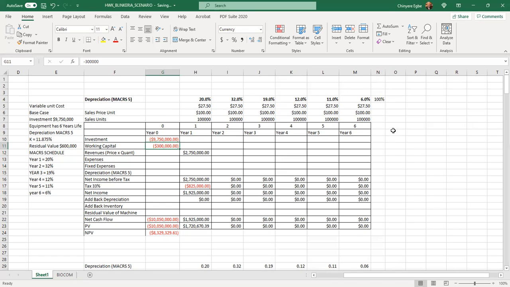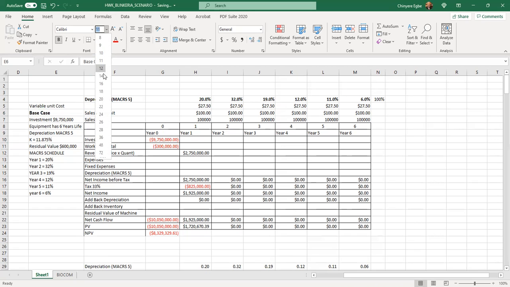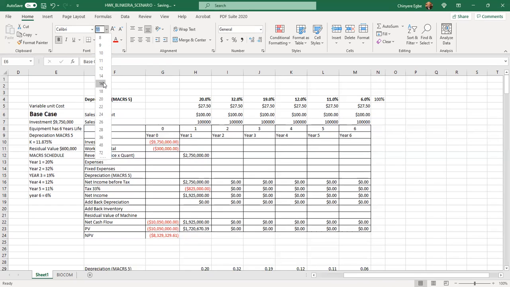As usual, we're trying to estimate the cash flow under the base condition. That is the base condition. We're going to estimate the net present value under the base condition.